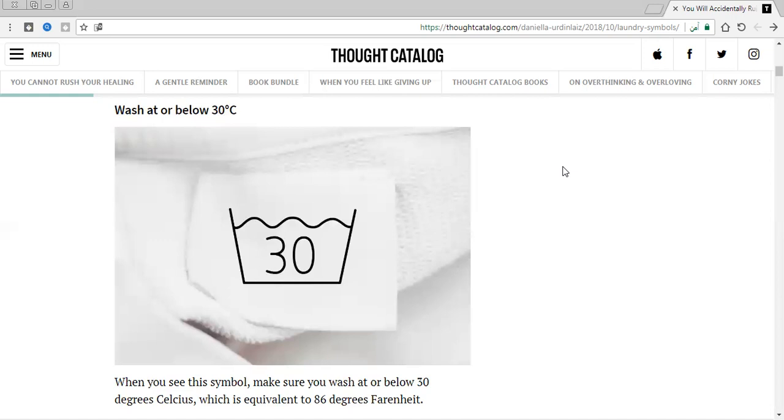The second option is to render it verbally. We say غسيل عند درجة حرارة 30 أو أقل.